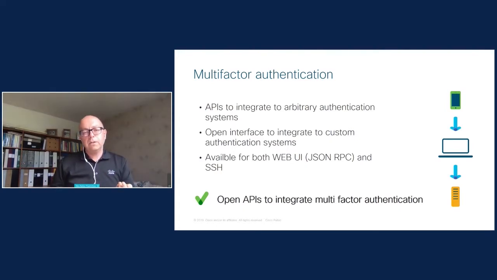So we have our AAA engine that you typically integrate into an authentication system. But now, given the increasing demand for more secure systems and secure environments, there was a requirement to actually be able to authenticate via your third-party application, such as Duo from Cisco, which means that when you log in on NSO using your user credentials, you will actually be asked for yet another password or PIN generated out of band, so to say, and then you will be able to log in in a more secure way.